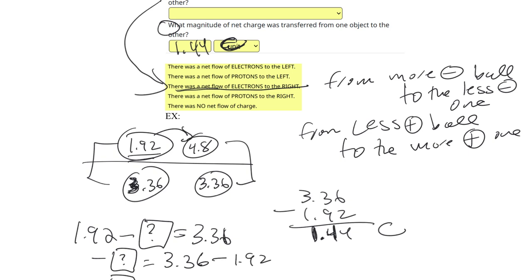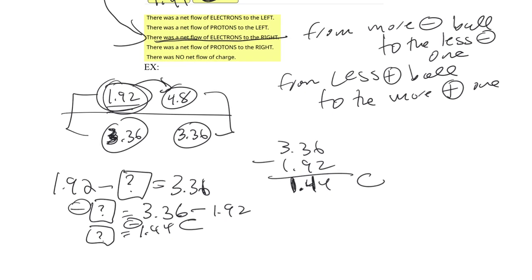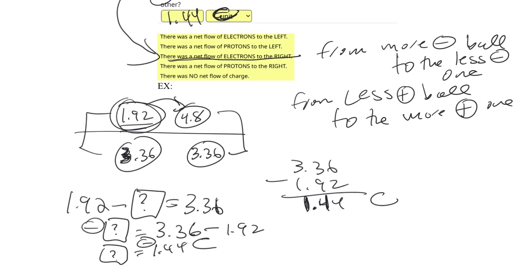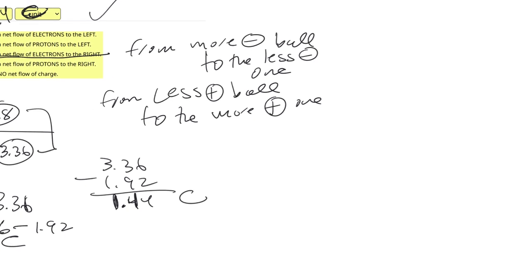And so the question mark becomes negative 1.44, because the negative is still there. So the guy on the left lost 1.44. That's why my answer is that right there.